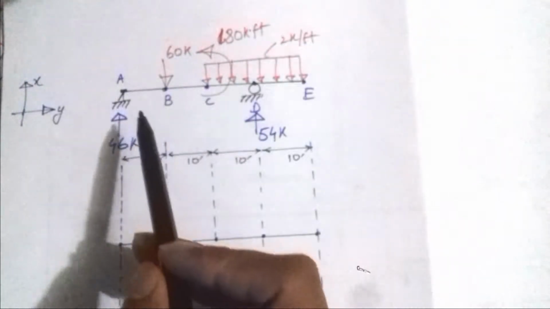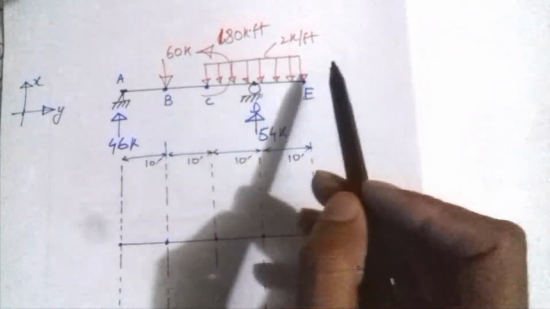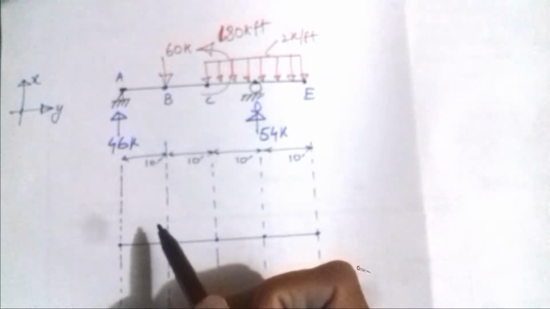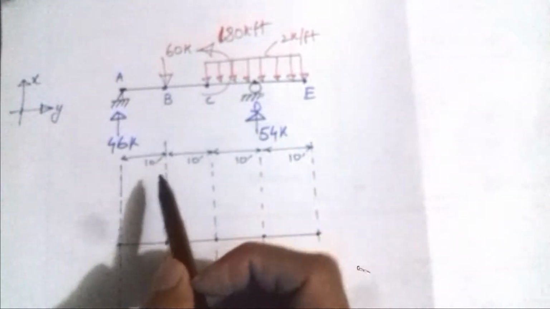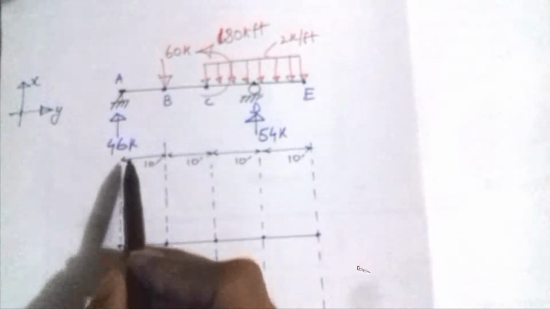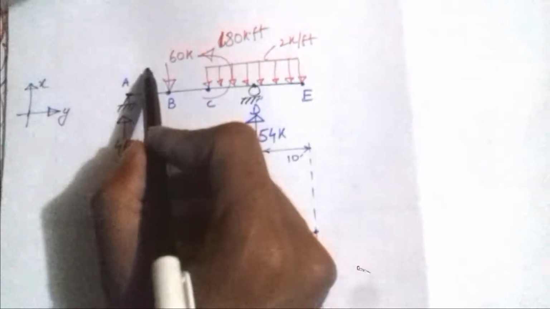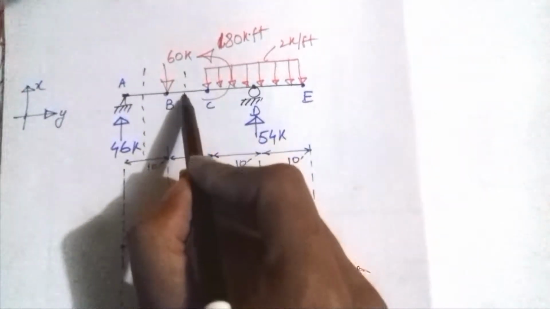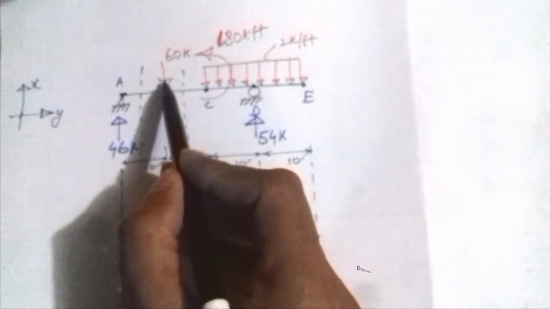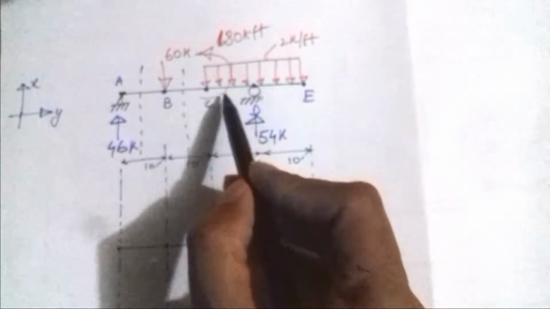So after assessing all the external loads that are acting on it, we can conclude that first I have to draw a section at this point. Then I have to draw a section here, because this force is producing some change in shear force or bending moment.